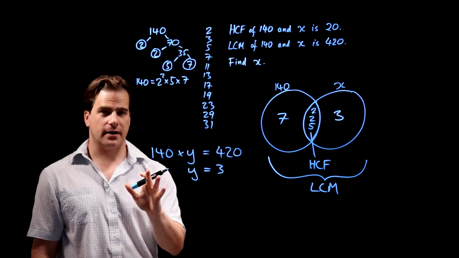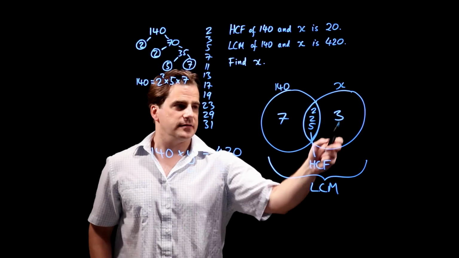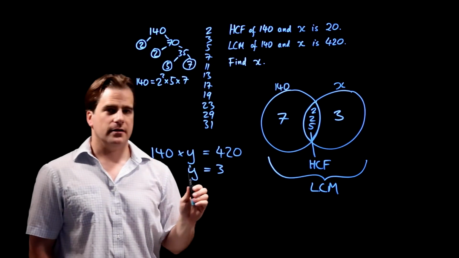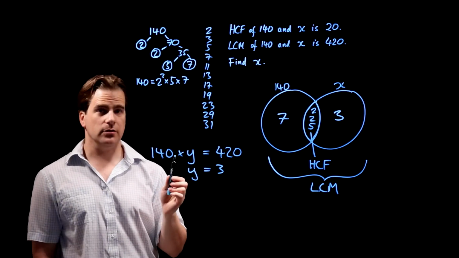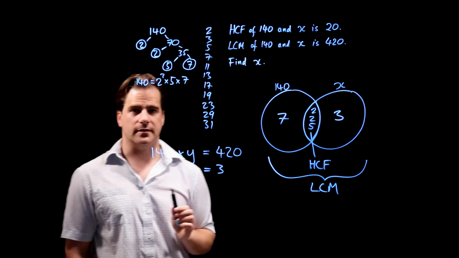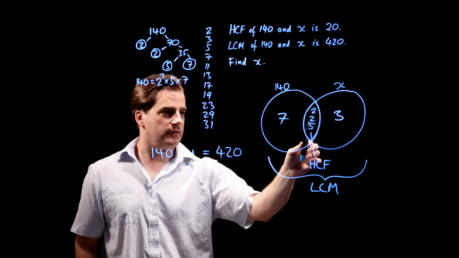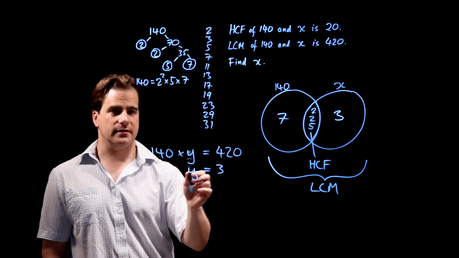Again, I'll just go through that again in case that wasn't clear. With these kinds of diagram, when you multiply all the numbers together, that tells you the lowest common multiple, and they've told us the lowest common multiple is 420. So 7 times 2 times 2 times 5 times whatever's in there equals 420.